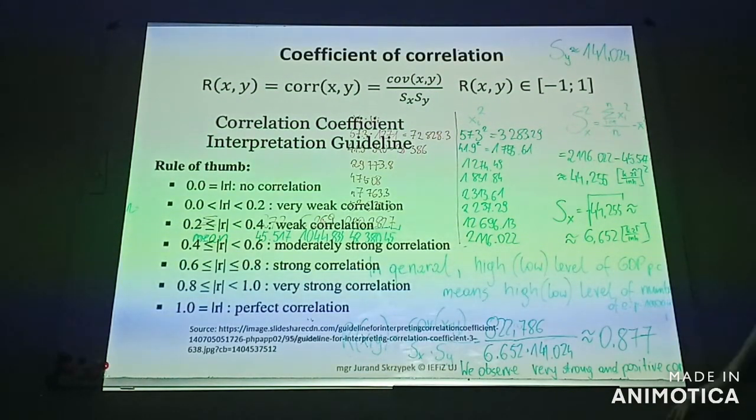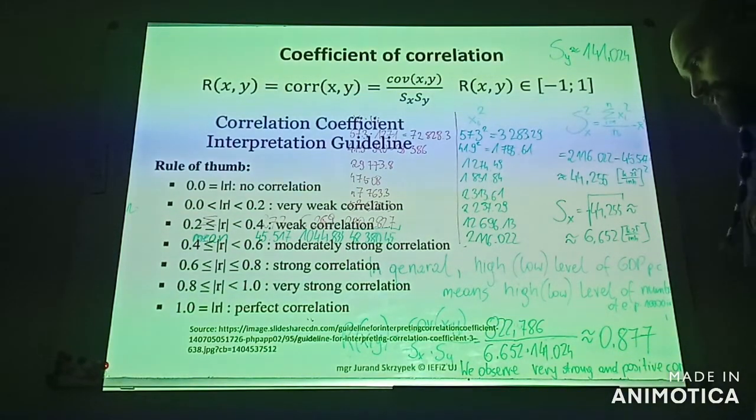Yeah? Once again, there exists very strong and positive correlation, as we expected, between GDP per capita and number of enterprises per 10,000 inhabitants in chosen regions of Poland. Yeah? And the last step, the last measure is R squared coefficient.